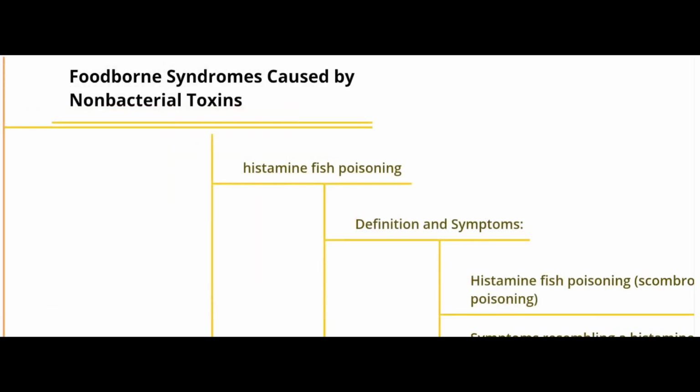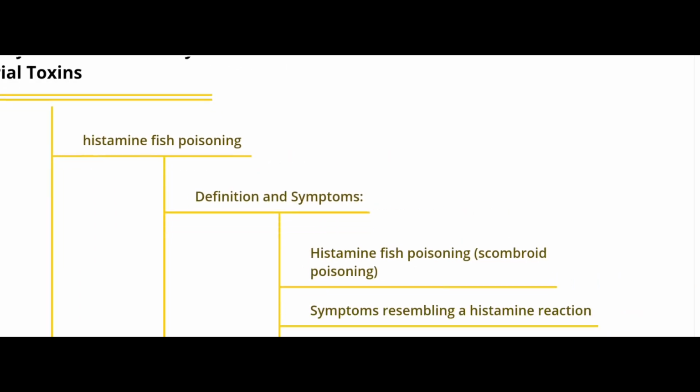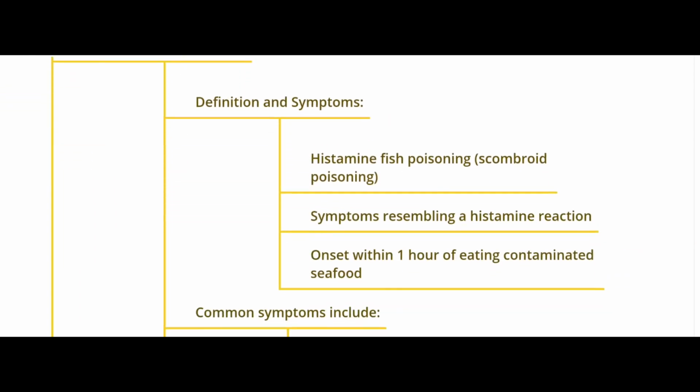And now to foodborne syndromes caused by non-bacterial toxins. Our first and most common is histamine fish poisoning, also called scombroid poisoning because it was first described in fish from the Scombridae family. They resemble a histamine reaction, and the onset is within 1 hour of eating the contaminated seafood.